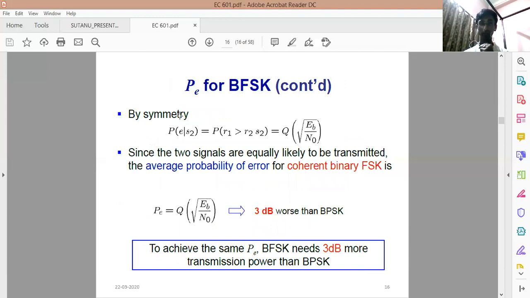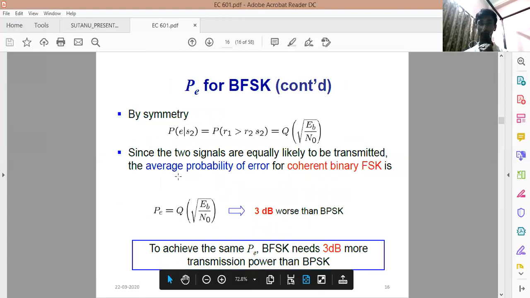When I'm talking about BFSK, I can compute the probability of error, and I have written that BFSK needs 3 dB more transmission power than BPSK.